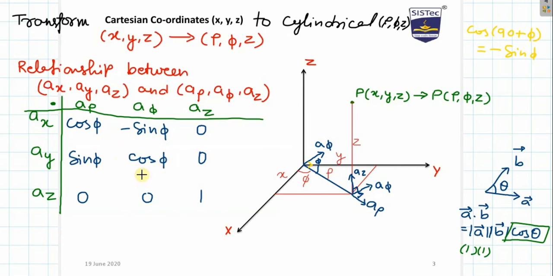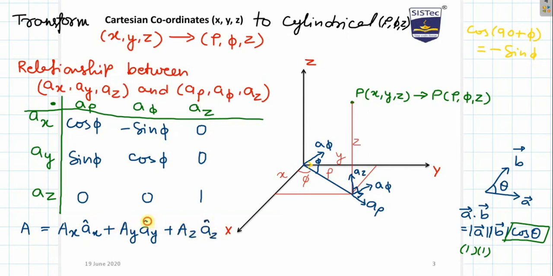Okay, now if any vector is there and we have to transform it, let's say any vector A, and this vector is defined in the Cartesian coordinate system, so we can write it as Ax in the direction of ax plus Ay in the direction of ay and Az in the direction of az.